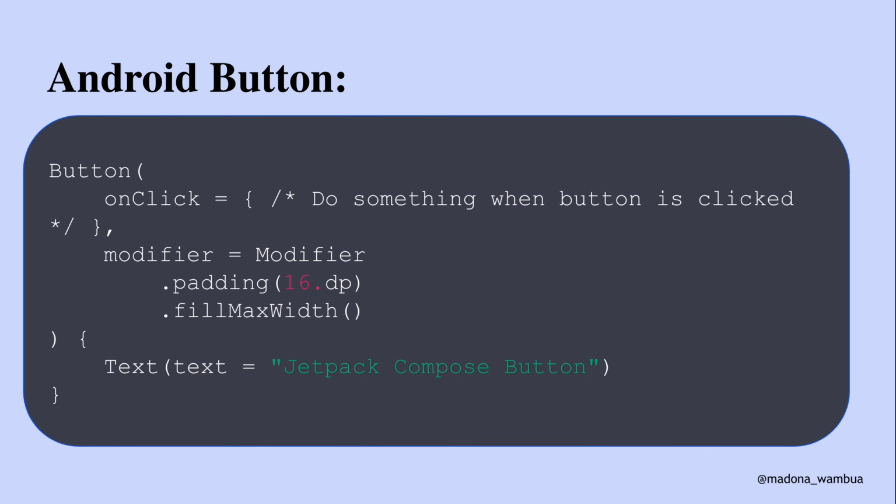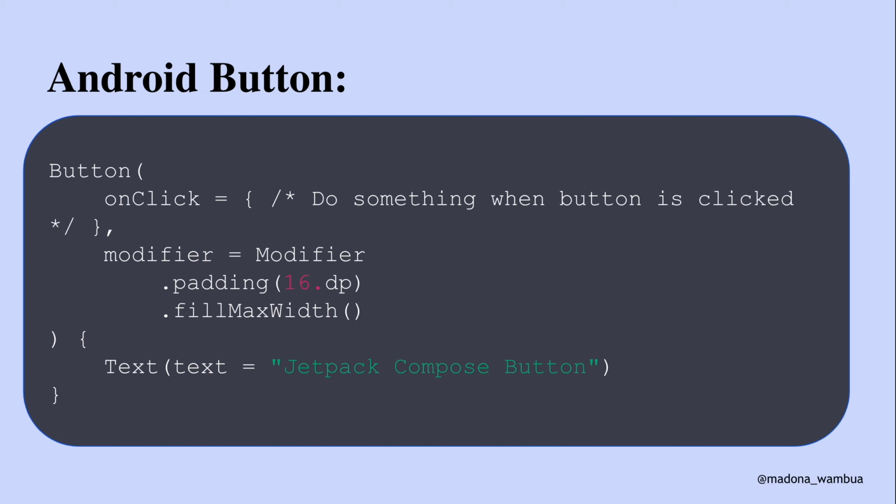Now, we will not be doing justice if we don't look at the buttons in iOS and in Android. So in Jetpack Compose, the button component takes an on-click lambda as a parameter, which is executed when the button is clicked. Now, the modifier parameter again is used to set the layout properties of the button, such as padding, width, and so many things that you can actually just look into.